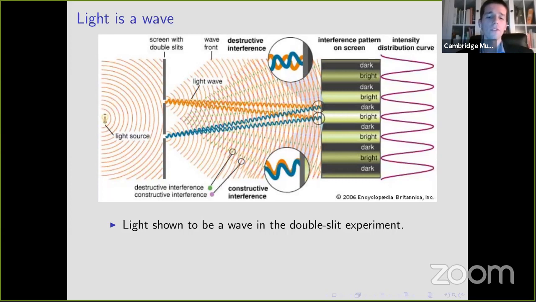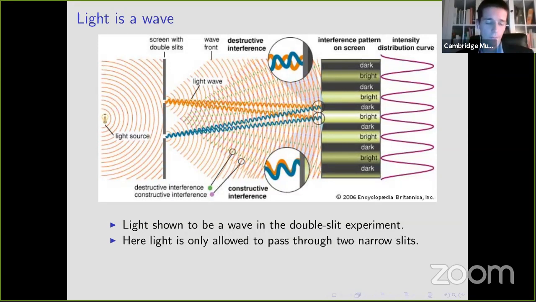Light was shown to be a wave in the double slit experiment. This is not the quantum mechanical double slit experiment, but just the double slit experiment, an earlier one. Here light from a source is only allowed to pass through two narrow slits.